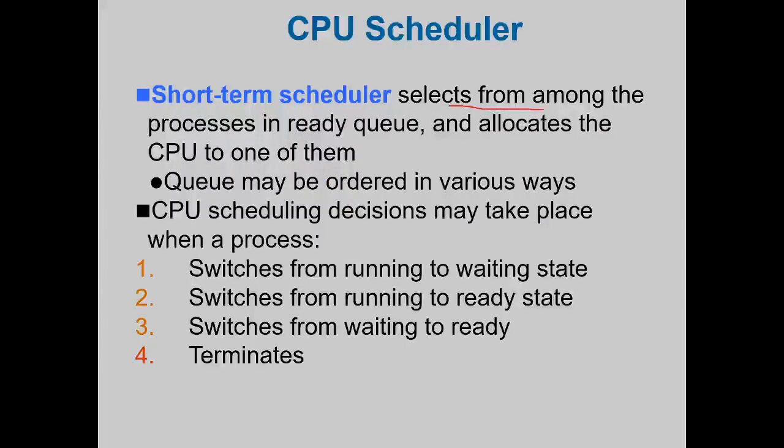The short-term scheduler selects from among the processes in the ready queue and allocates the CPU to one of them. The queue may be ordered in various ways.